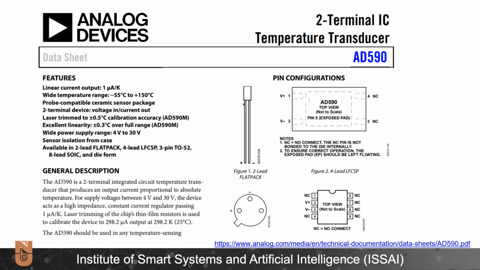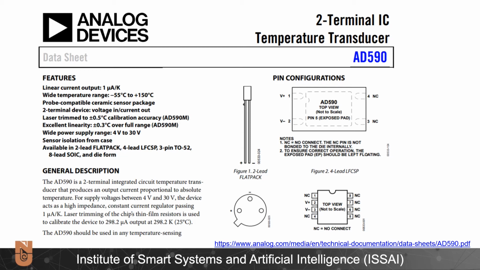In the previous slide, we considered the AD590 temperature sensor from the Analog Devices company, and we stated that it has an operating range. How do we know the operating range of this sensor? In order to know this, we look at the datasheet of this sensor.